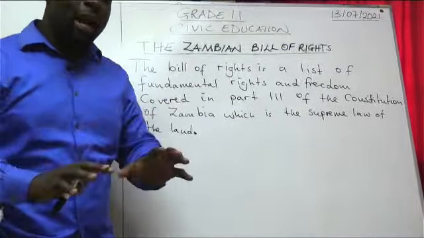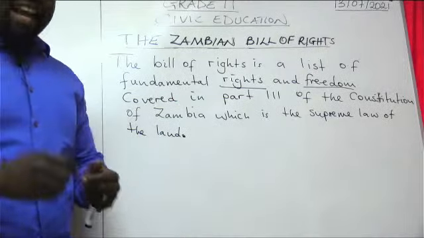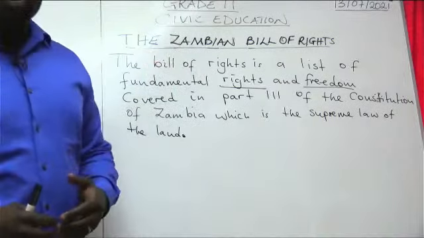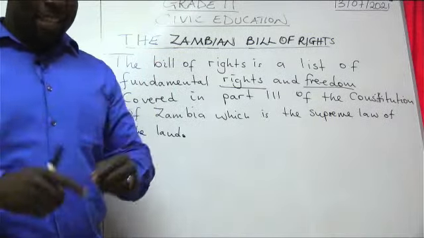Let me trace back the history of where it is coming from. It did not start now, it started way back. The history of the Zambian Bill of Rights goes back to 1964. The Zambian Bill of Rights was first incorporated in the Northern Rhodesia Self-Government Constitution of 1963.